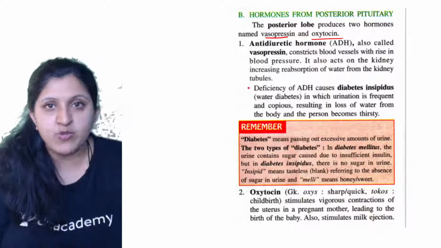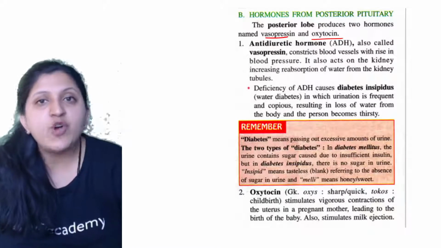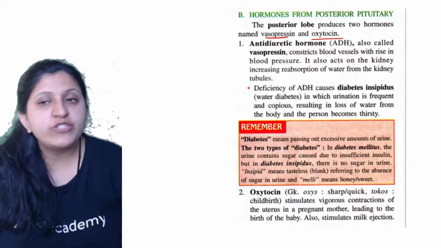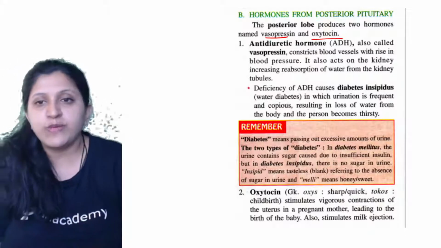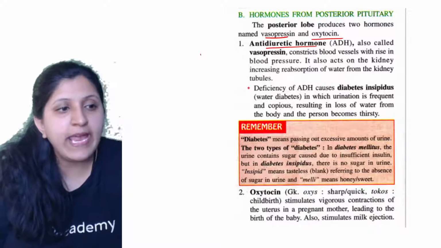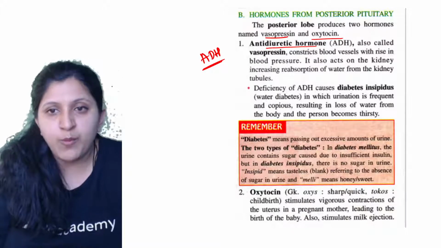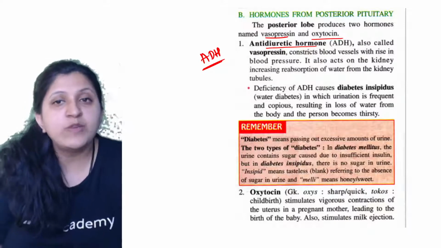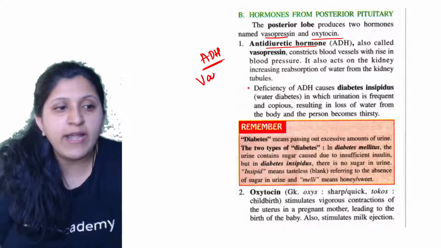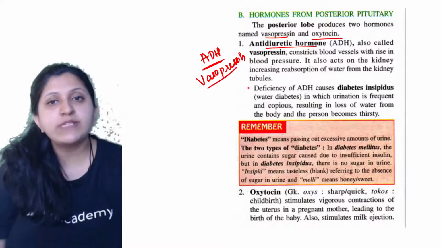These are the two hormones that we find in the posterior pituitary in humans. There is the antidiuretic hormone, the ADH hormone, which can also be called vasopressin.